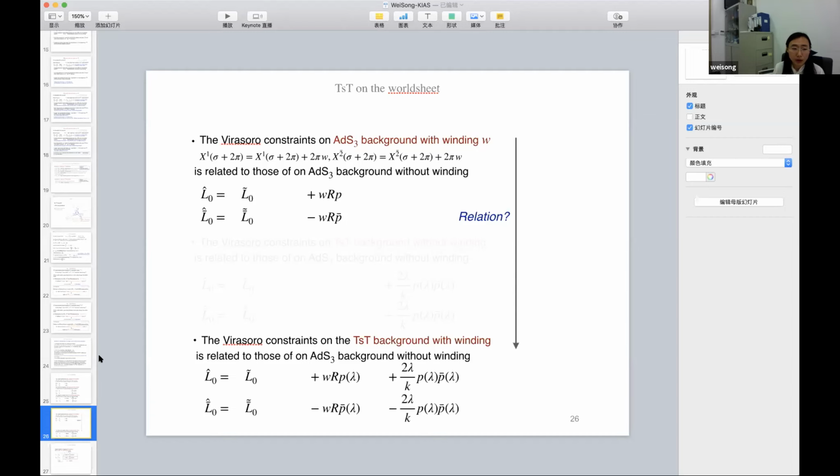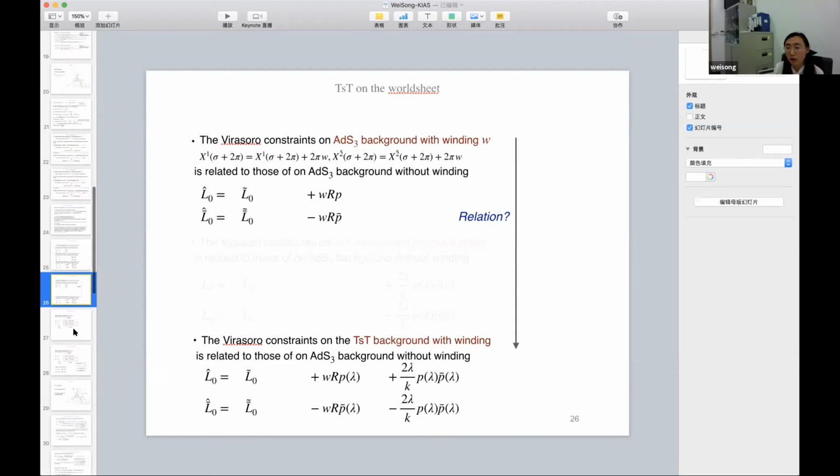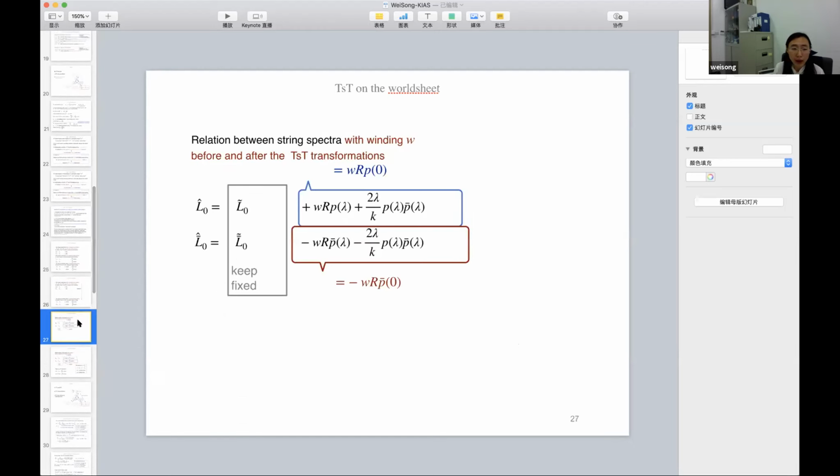By comparing the Virasoro constraints and considering the same internal excitations, we will have this relation between the deformed background and the undeformed background. So this way, we will get this spectrum.